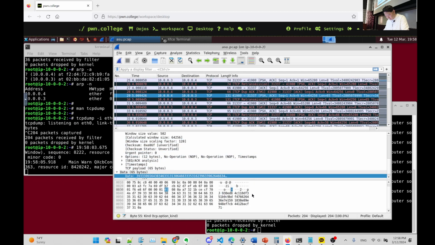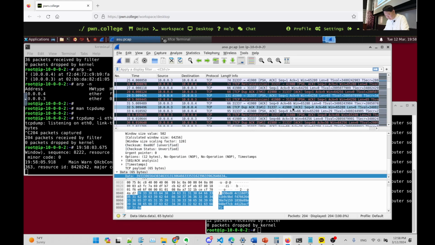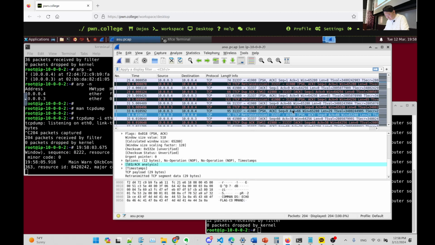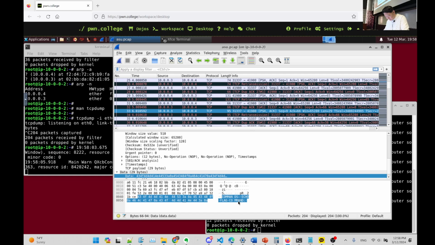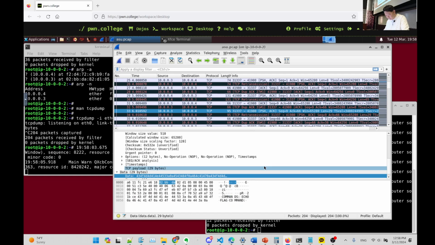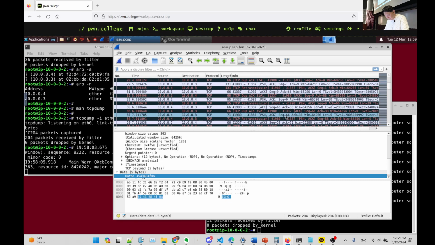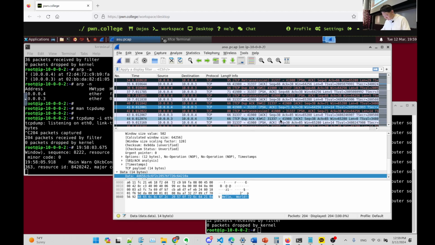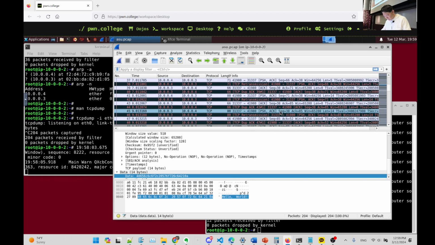Here it has some hex streams, maybe a hash value, and commands like echo. So you just need to look at the push and echo packets, because that indicates this packet is a transmission of data. The push and echo. And hello world here.